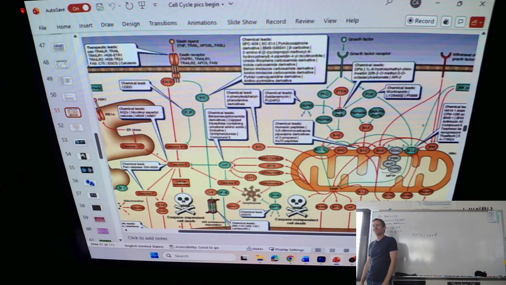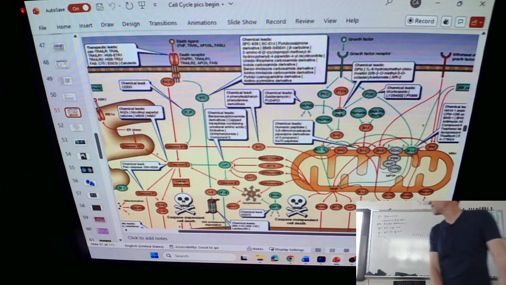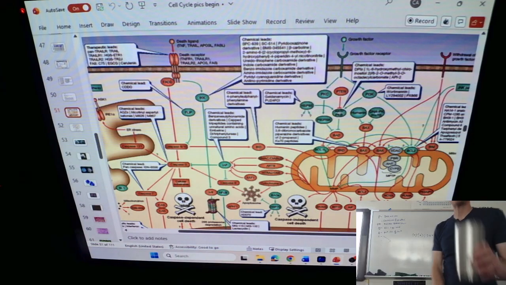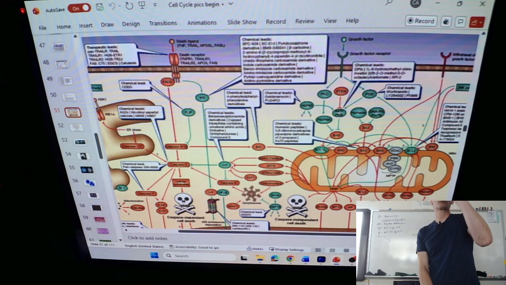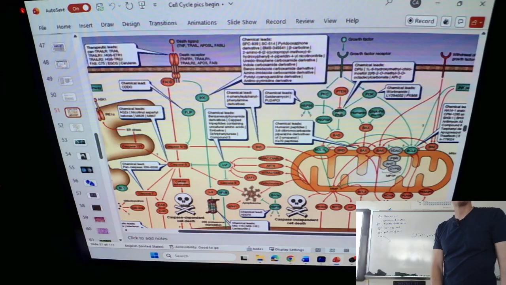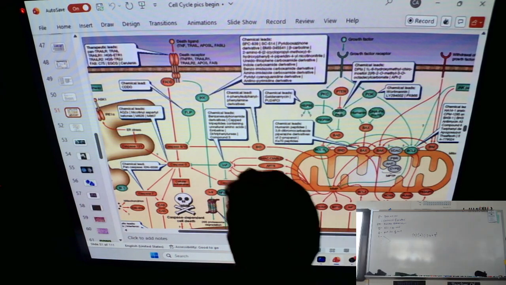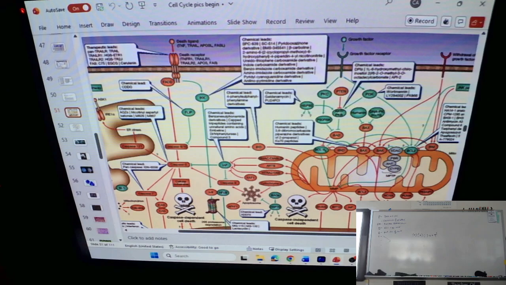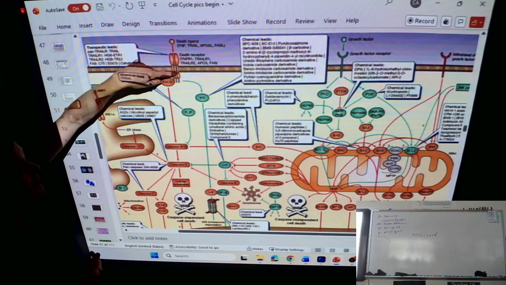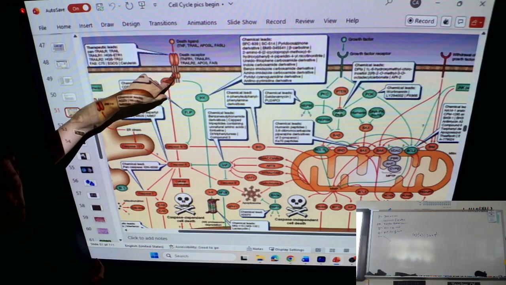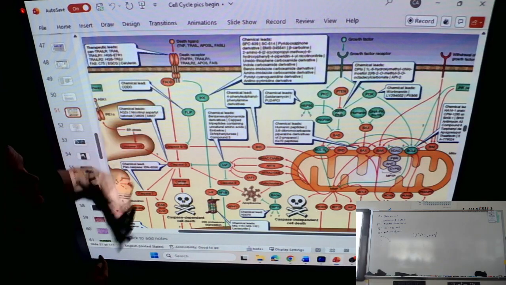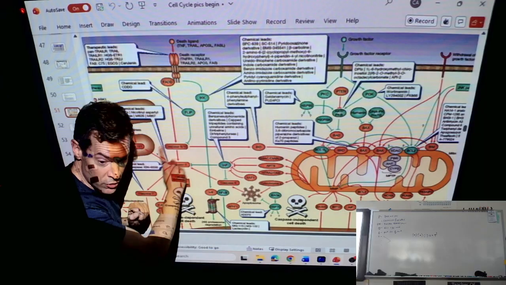Oh, caspases? Yeah, it says dependent and independent. Essentially what it comes down to is there's more than one pathway. I could be told by another cell to destroy myself, or I could decide on my own to destroy myself.